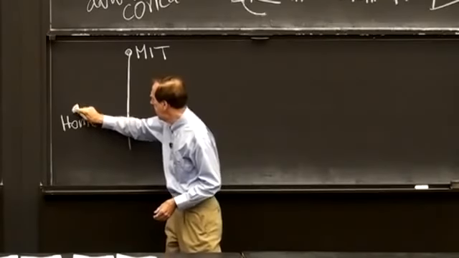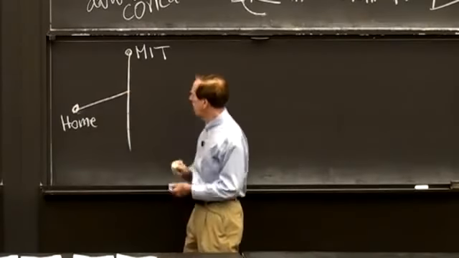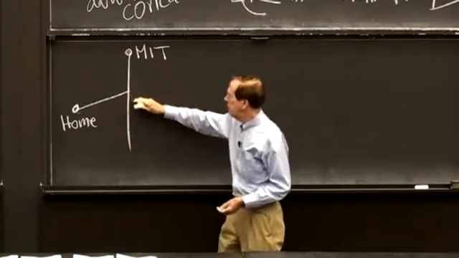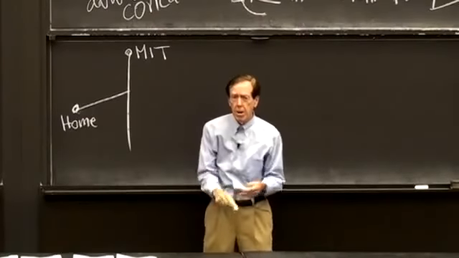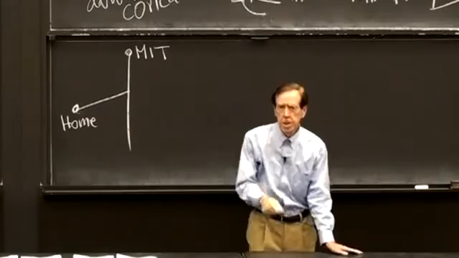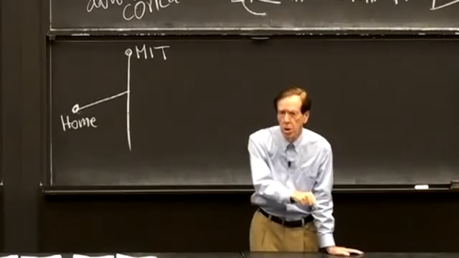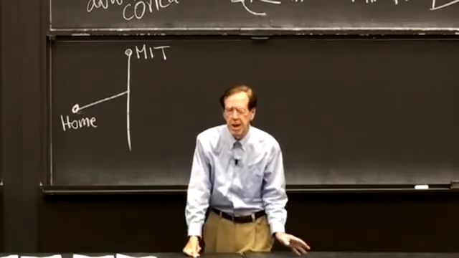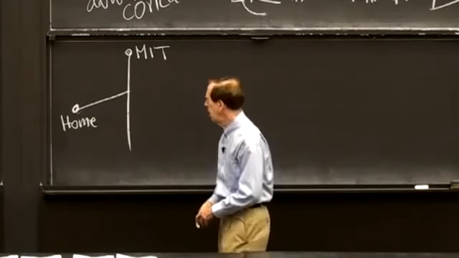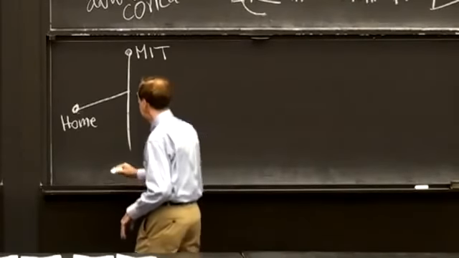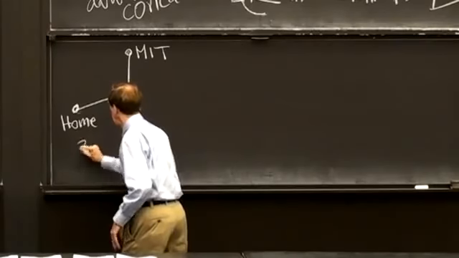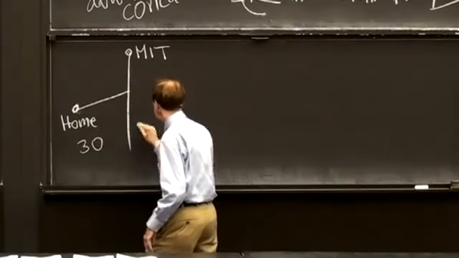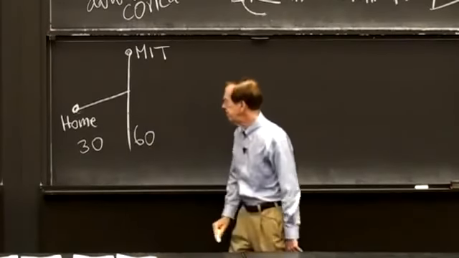I should probably pick up the Mass Pike on some road. I could go directly to MIT on city streets at the slow rate, say 30 miles an hour or 30 kilometers an hour and 60. So speeds 30 and 60 as my speeds.